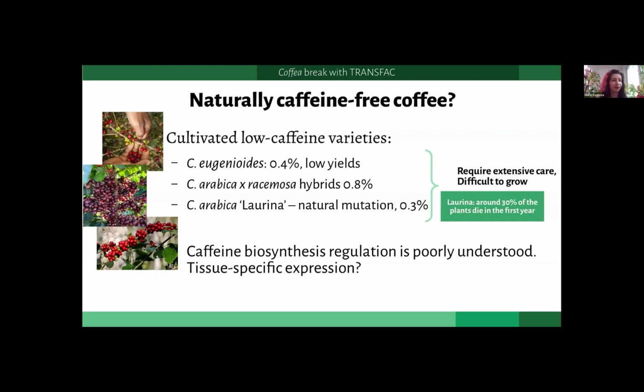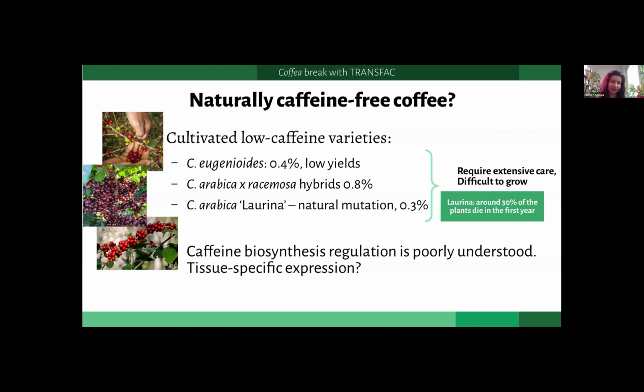There, of course, have been also attempts to perform traditional selection on Arabica itself. There was a strain identified that has a way lower caffeine content due to a natural mutation. I remind you that there are multiple paralogs of these enzymes involved in caffeine biosynthesis, which means that simply deactivating one enzyme would not lead to a complete lack of caffeine in the resulting plant.